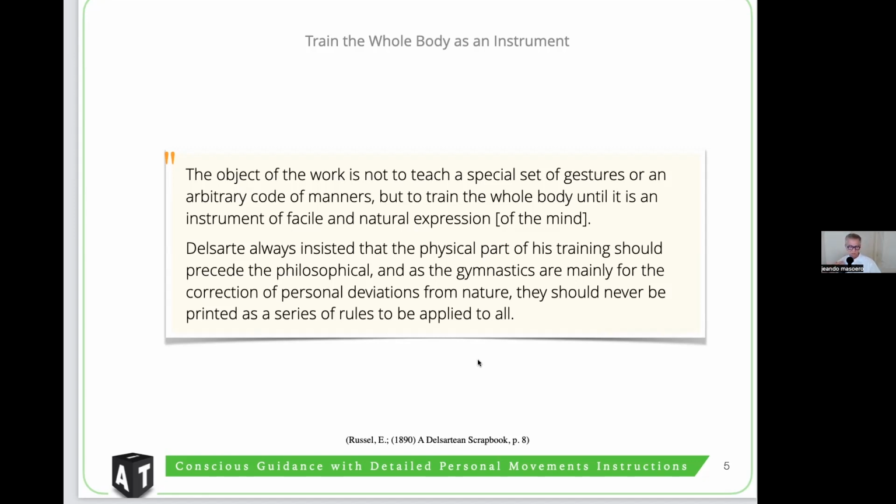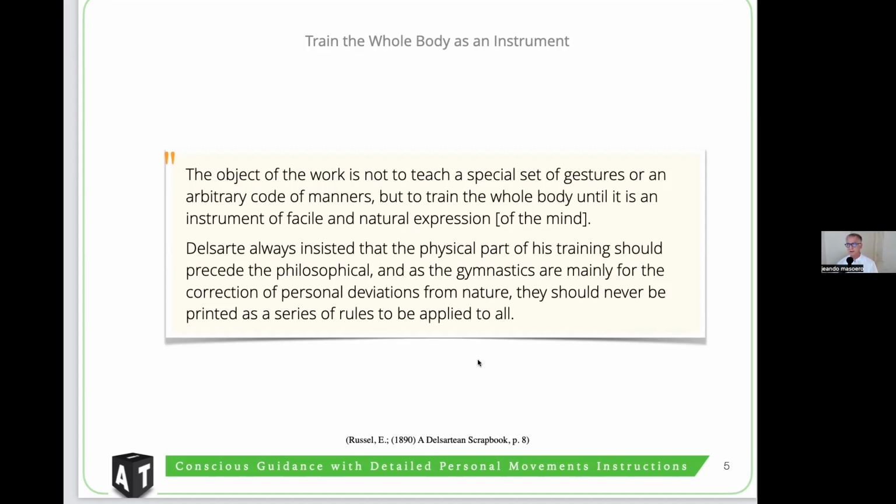It's not possible for Delsarte, and I think it's the same for Alexander, to separate, for example, the breathing function, which happens in the rib cage, from the postural response. Because for Alexander the rib cage is first of all used for postural purposes. Alexander considered that breathing is a secondary, if not a tertiary, function of the rib cage and spine.